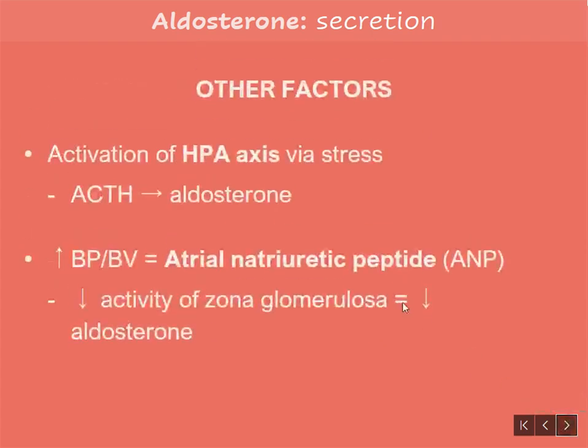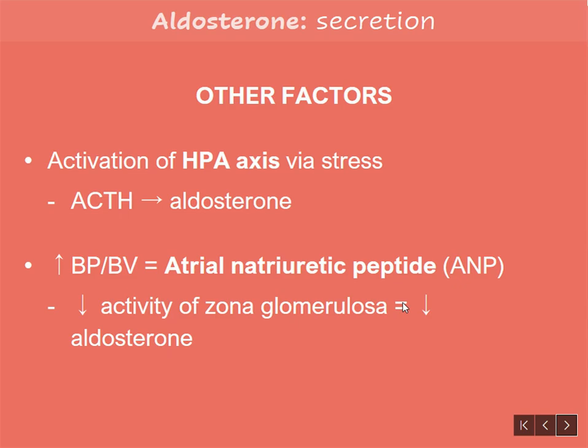But we also do have other factors which also influence the release of aldosterone. So firstly, stress causes the activation of the HPA axis, which we already know because we've said that stress is also one of the main stimuli that causes the release of cortisol, and cortisol is of course released also through the HPA axis.